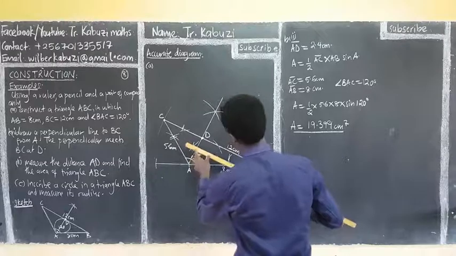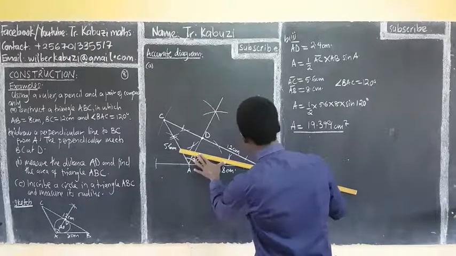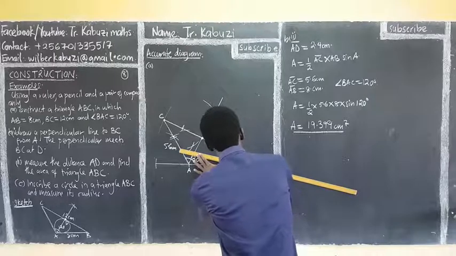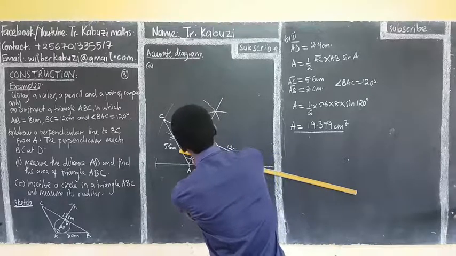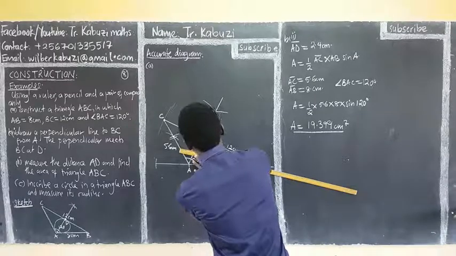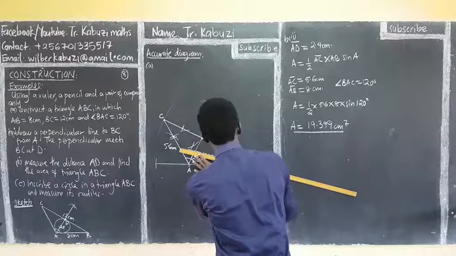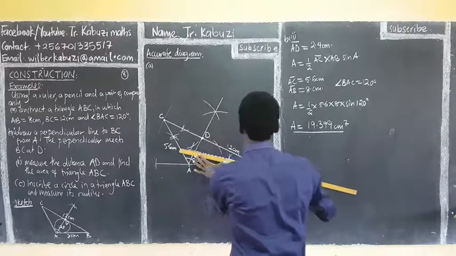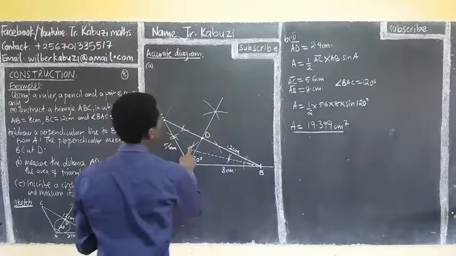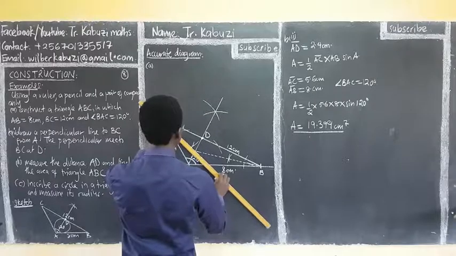So now I draw mine from here to this. This bisector is here, then this one is here. Now this one is to use dotted lines. Then also I join this to the angle I bisected.